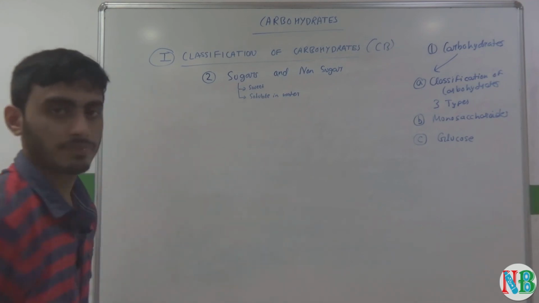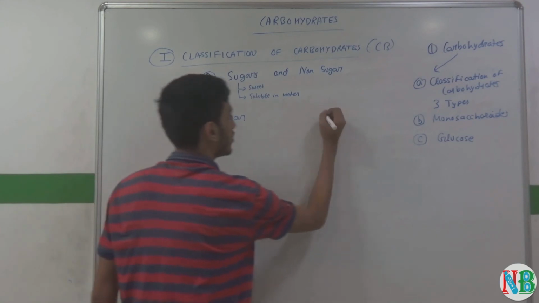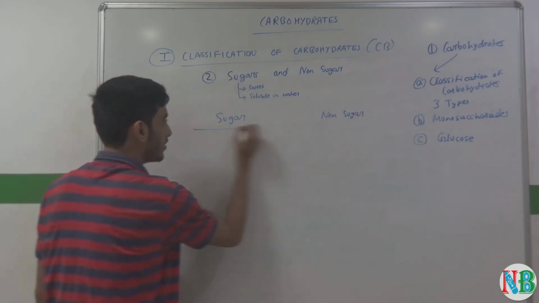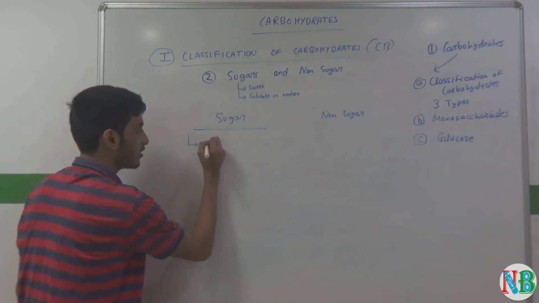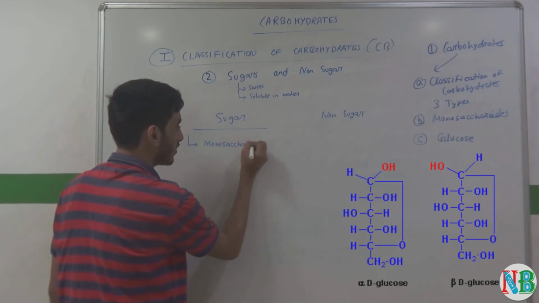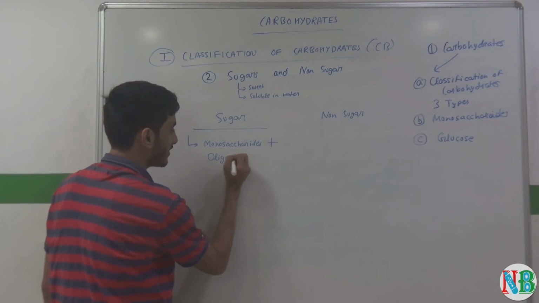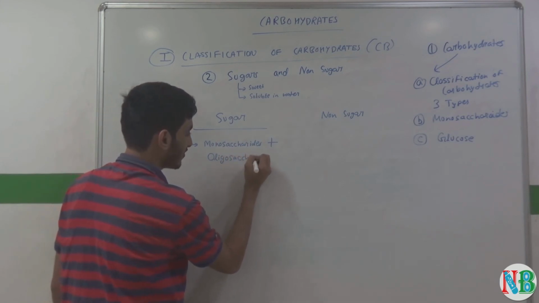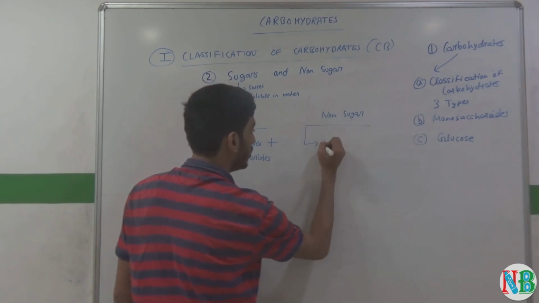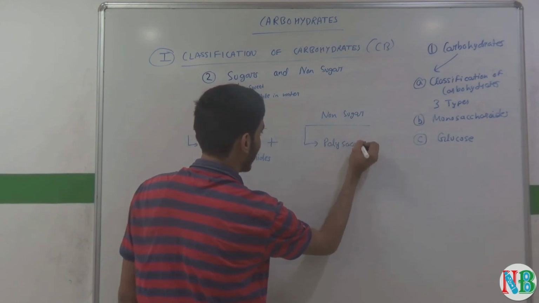Simple. So, sugar, non-sugar. The sugar group contains monosaccharides plus the oligosaccharides. The non-sugar group contains all the huge polysaccharides.